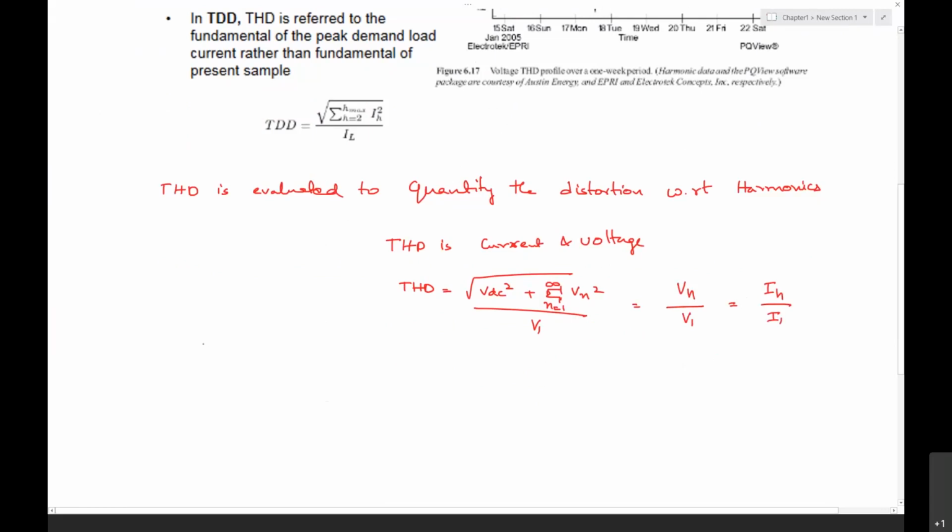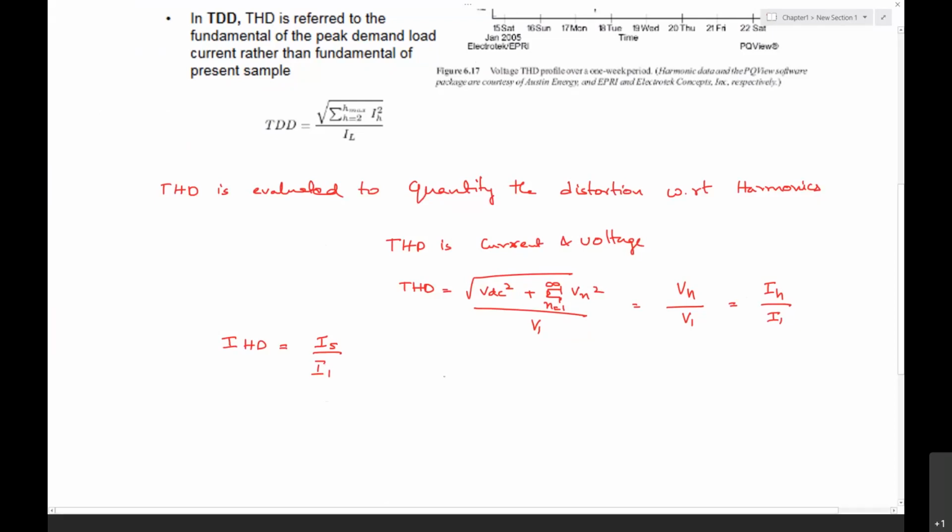Particularly in some systems, they quantify the individual harmonic distortion, that is, the distortion of any particular order with respect to the fundamental, maybe I3 or I5 by I1. The fifth harmonic content: how much is it drawing or delivering into the system with respect to the fundamental?